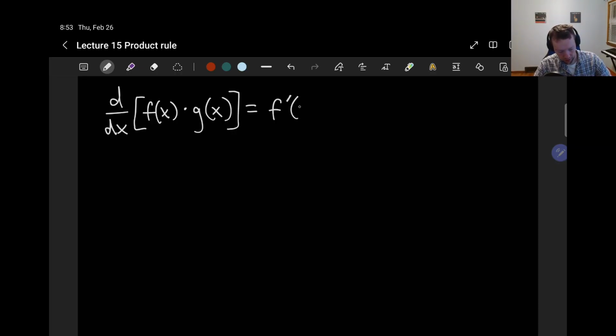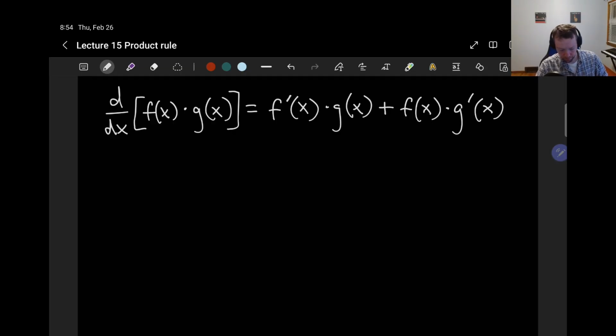You take the derivative of one piece and leave the other alone, then plus the reverse. I leave f alone times the derivative of g. So you're taking the derivative of one piece at a time and leaving the other part unchanged.